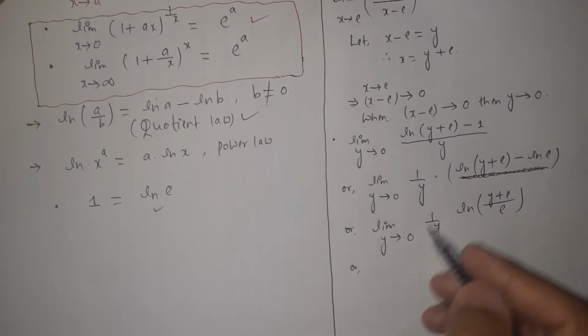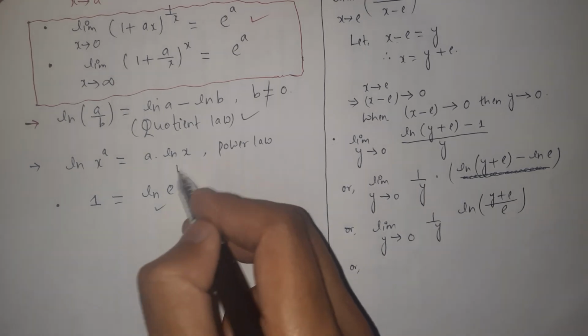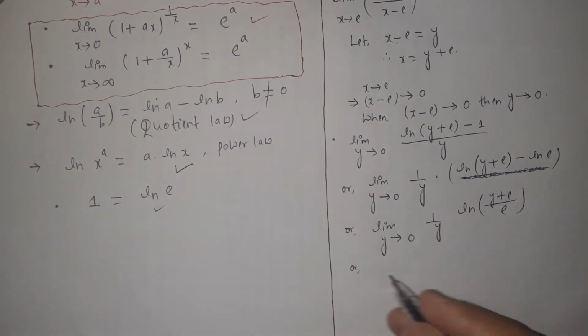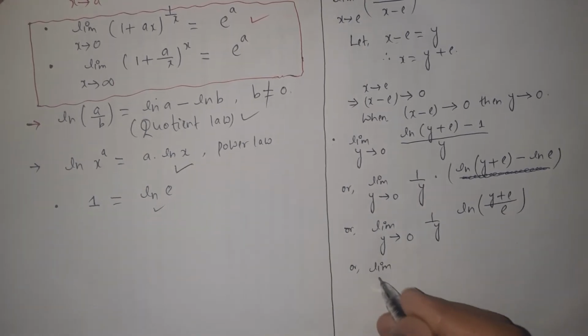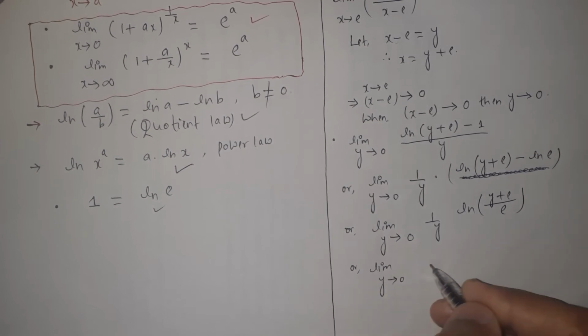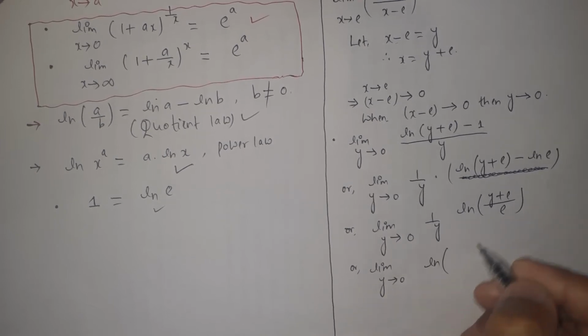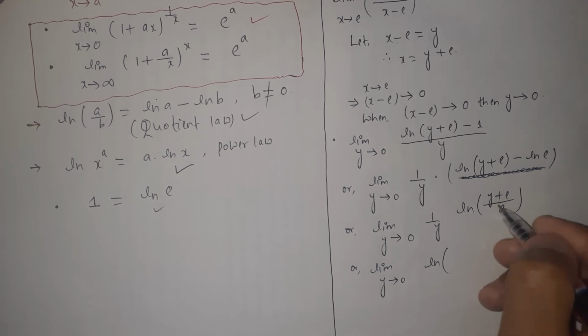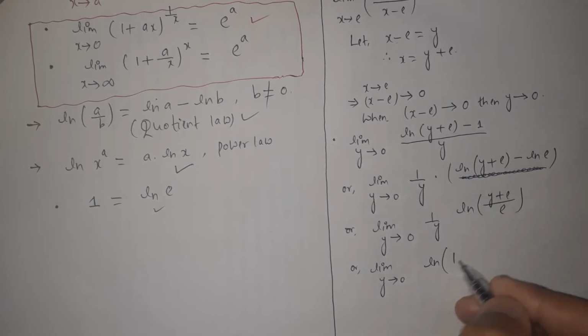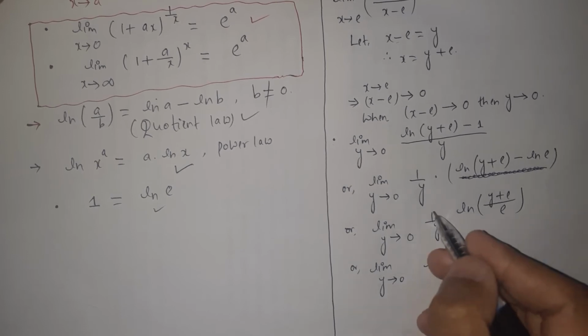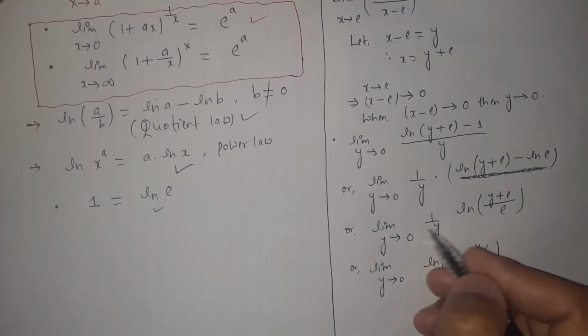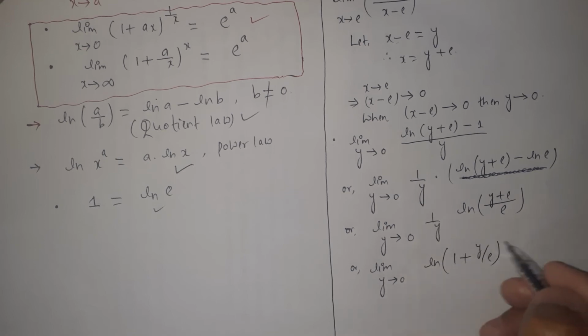Here is a form like the power law, so we can use the power law of logarithm. As y approaches 0, ln of, and in this fraction we can distribute the e, so 1 plus y over e, and the front number 1 over y goes to the power.